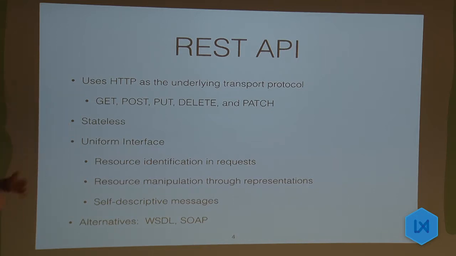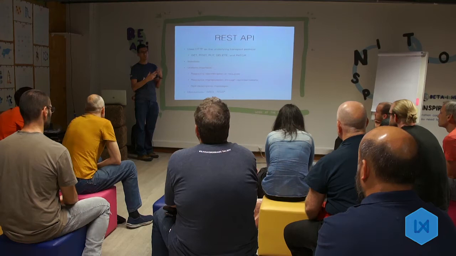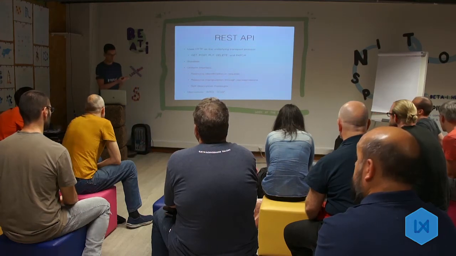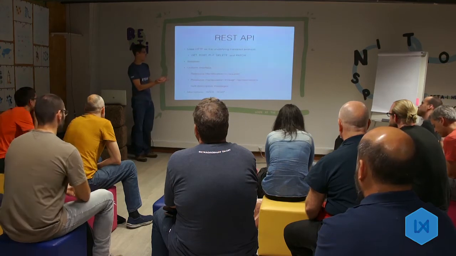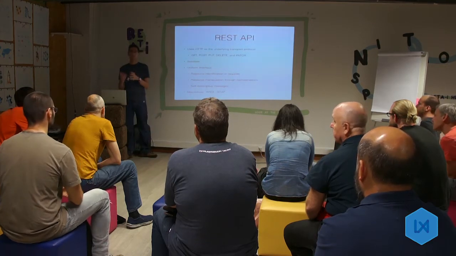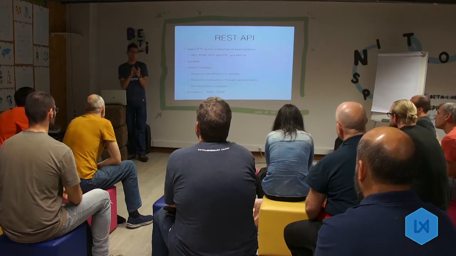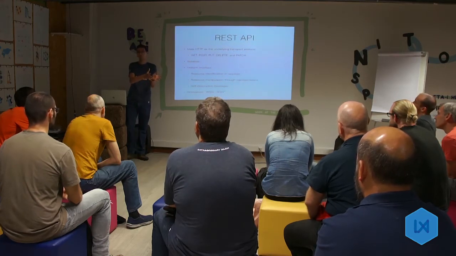And another thing about REST API is that there's this uniform interface. And the idea is that the URL that you are calling basically identifies a resource. And then you can manipulate these resources via a representation. What this means is that what you get from the endpoint might not be exactly how the resource looks like, for instance, in a database.